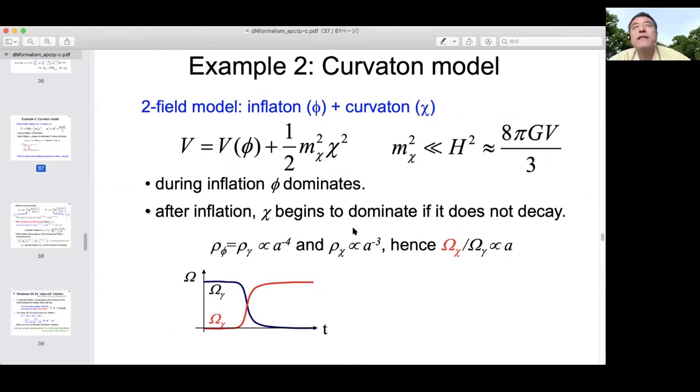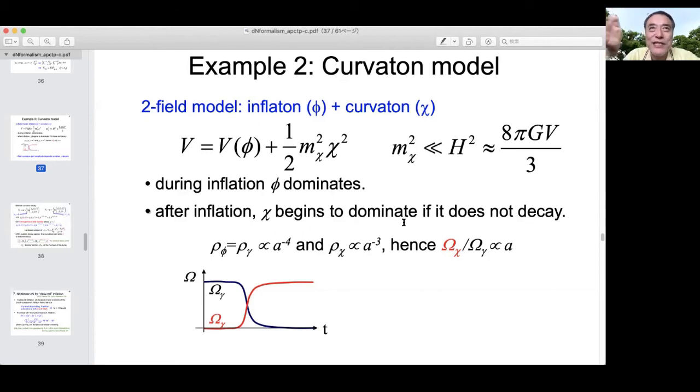You may have some non-trivial scalar field, but if that scalar field is completely subdominant, then essentially, if it doesn't affect the number of e-folds at all, by definition it never contributes to the curvature perturbation.